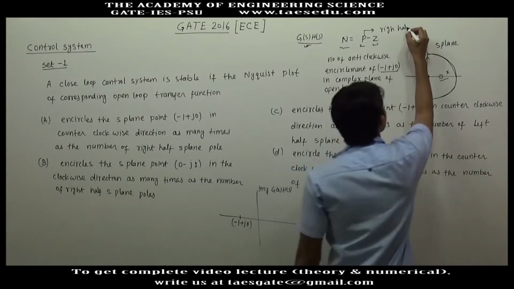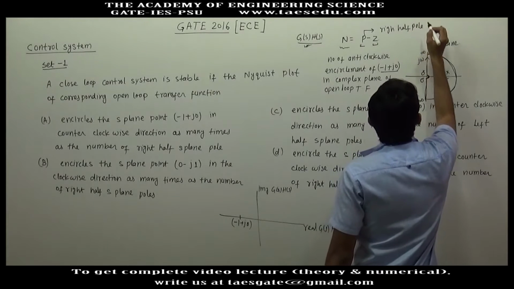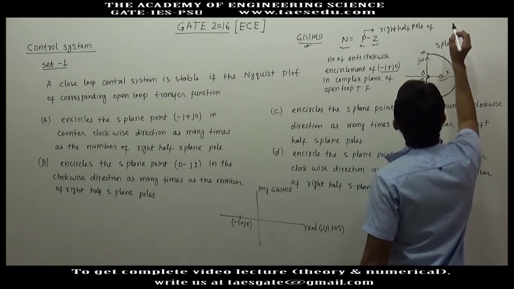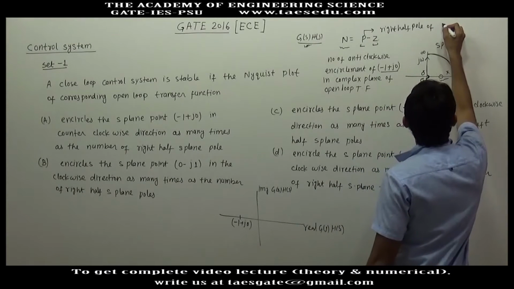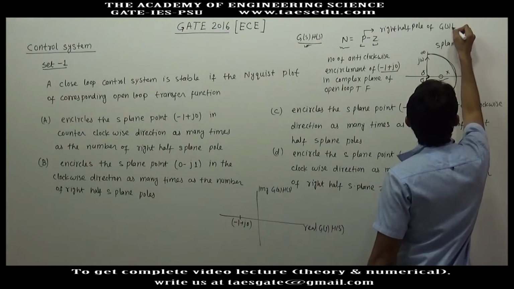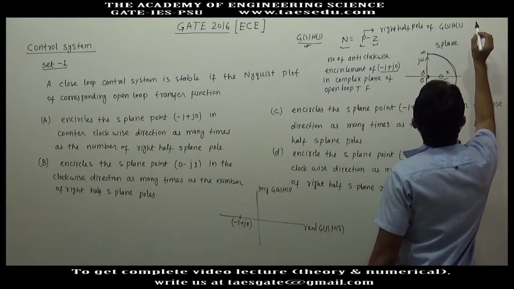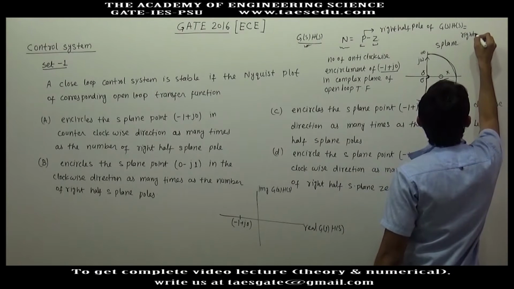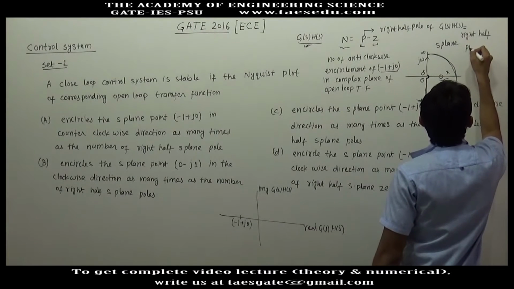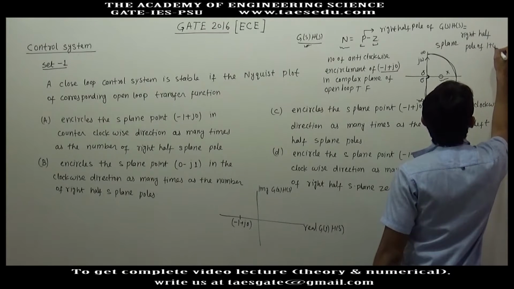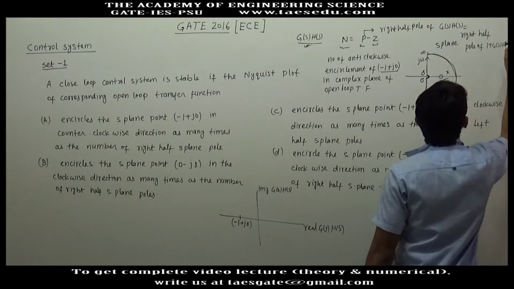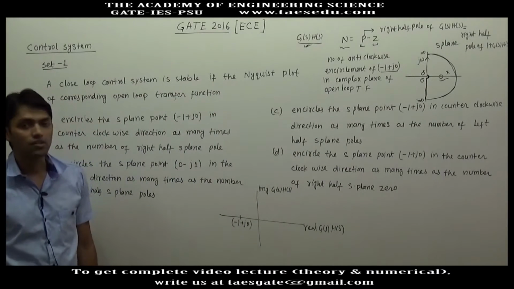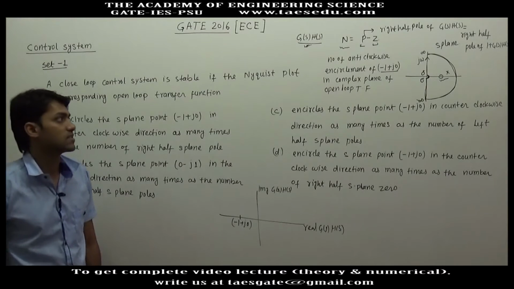P is the right half pole of G(s)H(s), and this is also equal to the right half pole of 1 plus G(s)H(s). In the theory lecture I have proved that P, the right half pole of G(s)H(s), will be equal to the right half pole of 1 plus G(s)H(s).